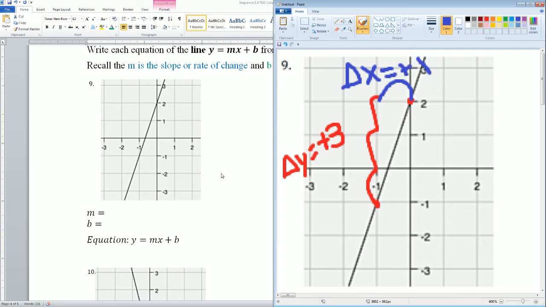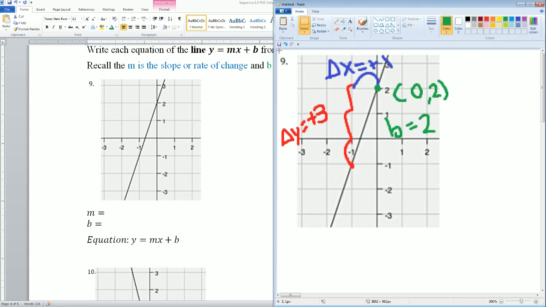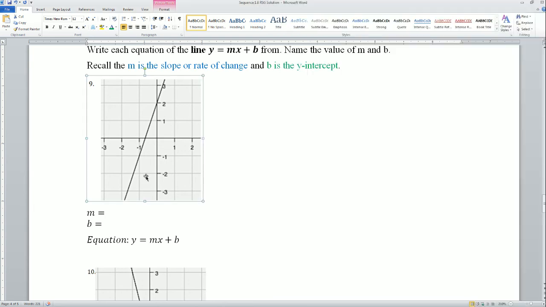There you go. Good. What is my y-intercept? I'm going to make that green. It looks like this is crossing it right there. So that is at the point 0, 2. Or you could say that the b is equal to 2. Alright. So we'll make sure I grab this image so you can use it right here.